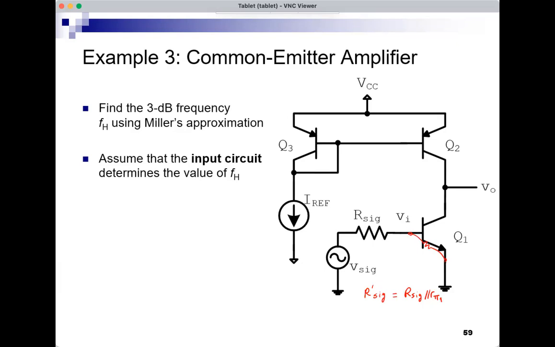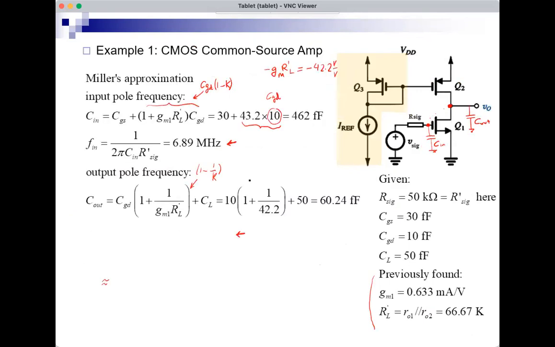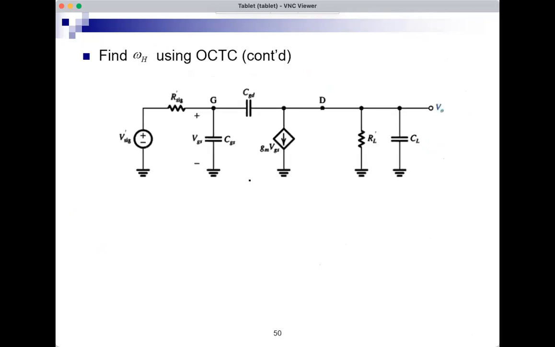Okay, so I need to find FH using Miller's approximation and assuming that just the input circuit determines the value of FH. Let's go back and see what the formula was for the Miller approximation, and we will import it. Okay, where is it?